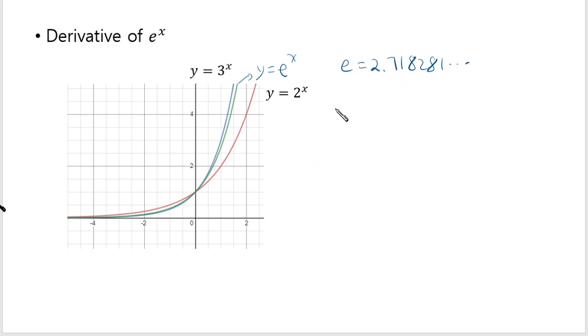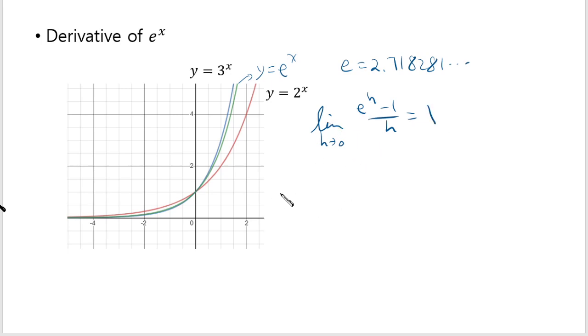Okay, so as you can see, it's bigger than 2, less than 3, but it's closer to 3, right? And this is the value that mathematicians calculated so that the limit of h goes to 0 of e to the h minus 1 over h becomes 1.